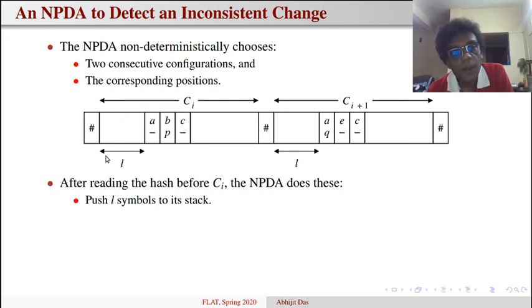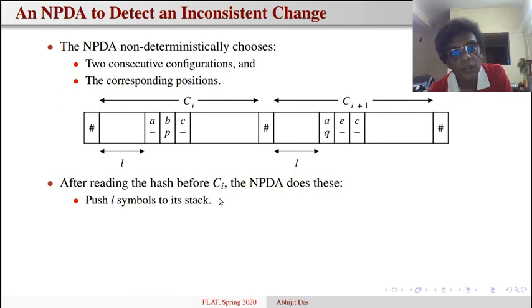It pushes some L symbols to its stack, where L is non-deterministically chosen. Which symbol does not matter. It may be a constant symbol, because this stack is used only to skip exactly the same number of positions from here and here. So you just non-deterministically choose some L and keep pushing those L symbols to the stack.